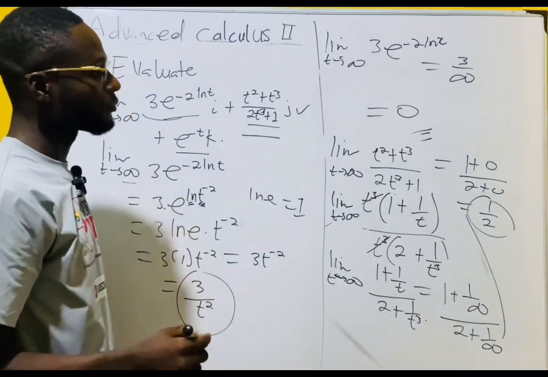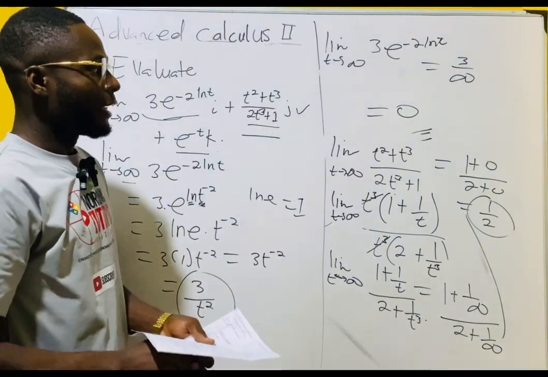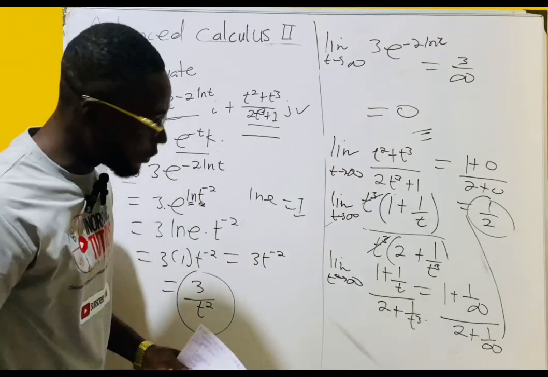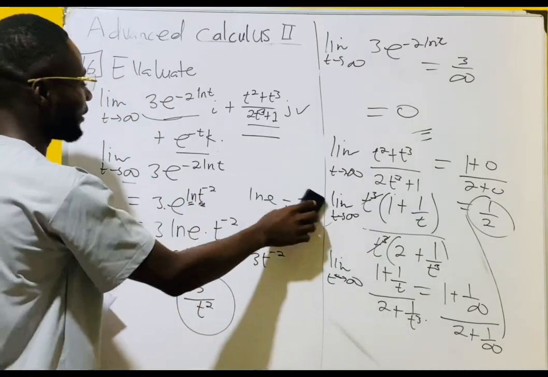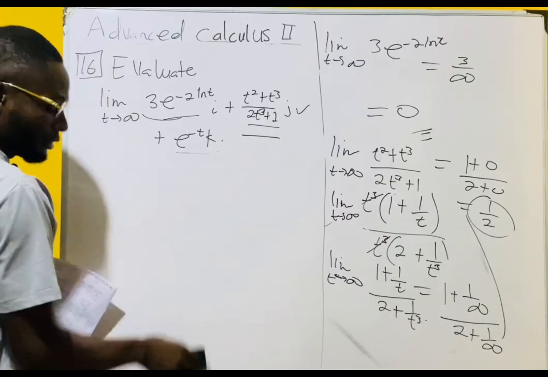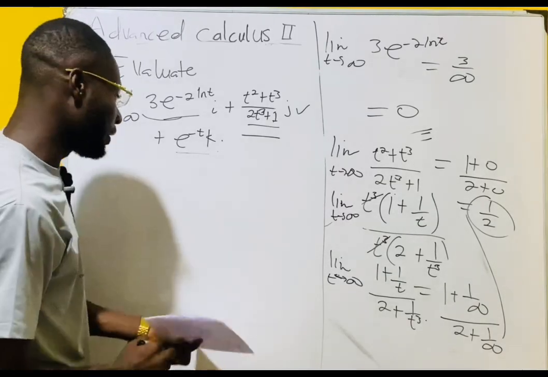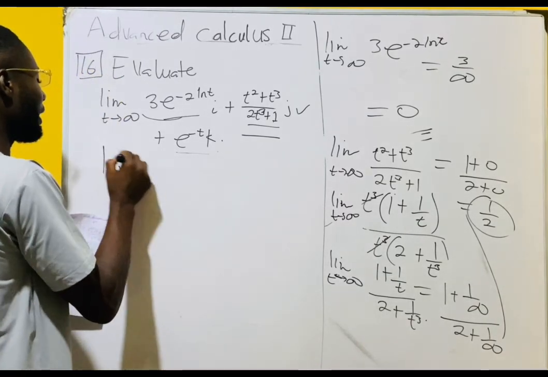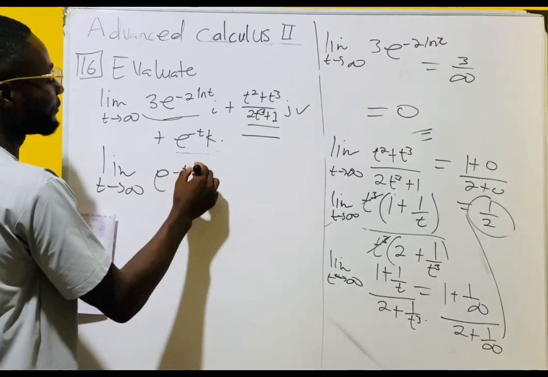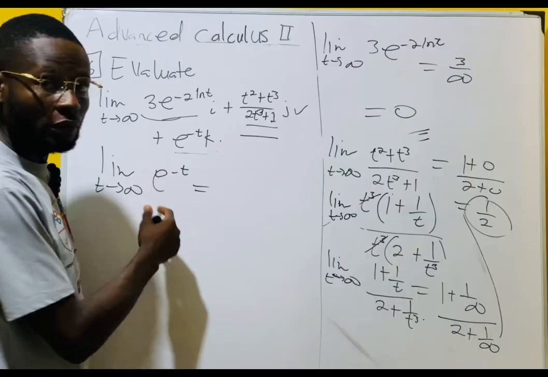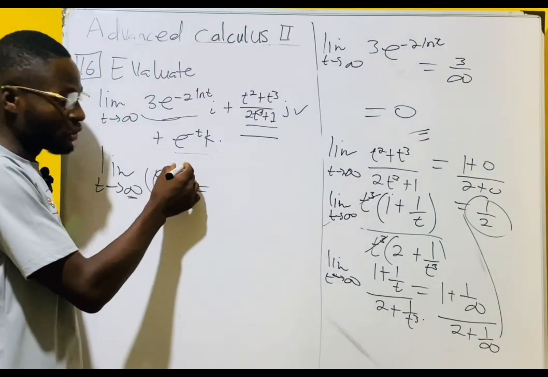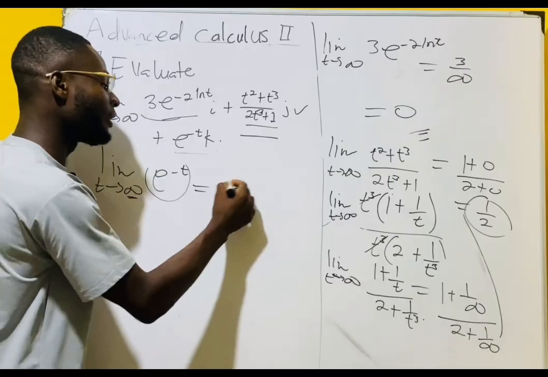So the second component, we have 1 over 2. Okay, we have to deal with the last component, then we can combine all and look at the evaluated results. With the last component, the limit as t approaches infinity of e to the negative t, when you substitute infinity here, we're going to have 0.